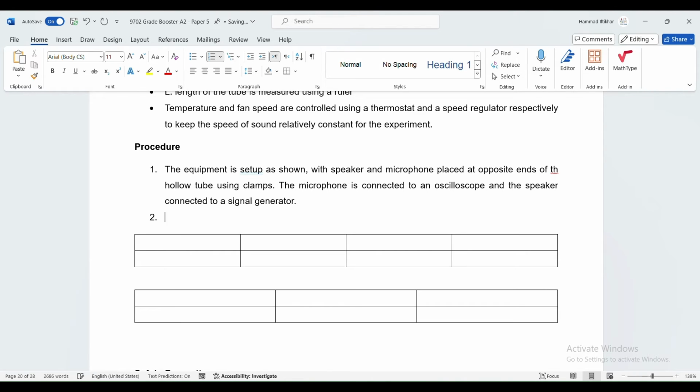Alright. A set value for amplitude of input signal is selected and power turned on.